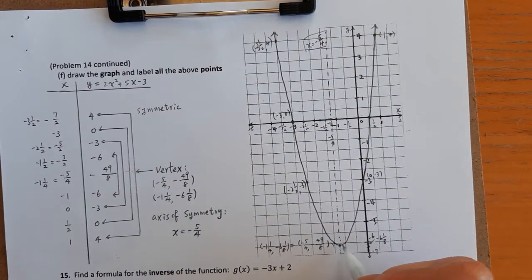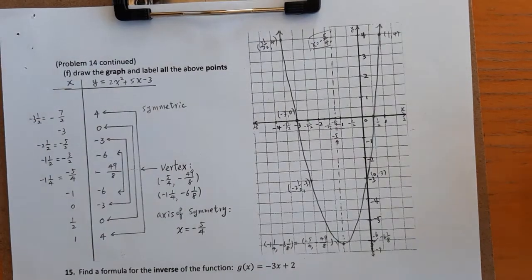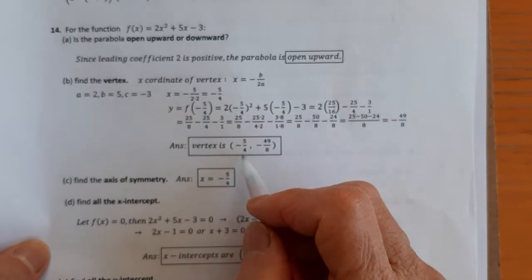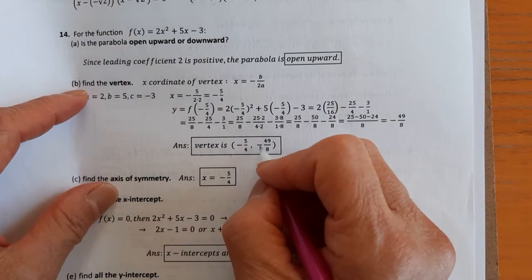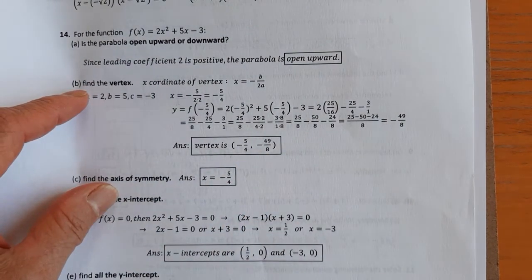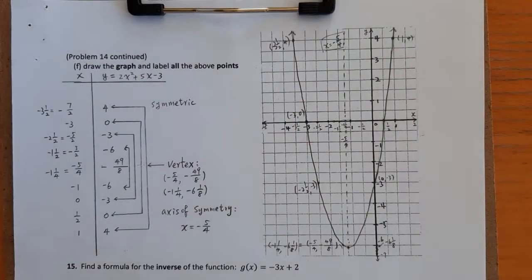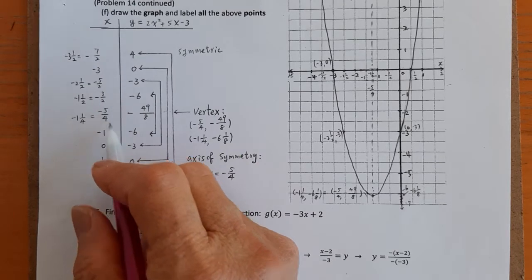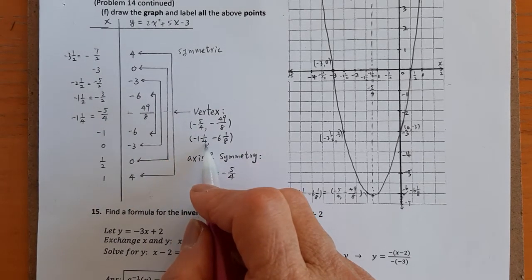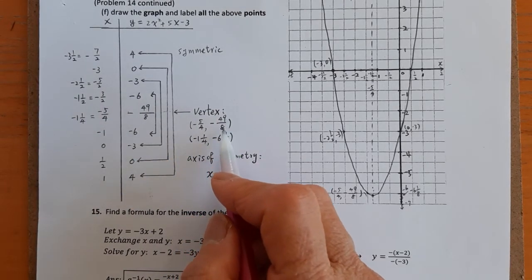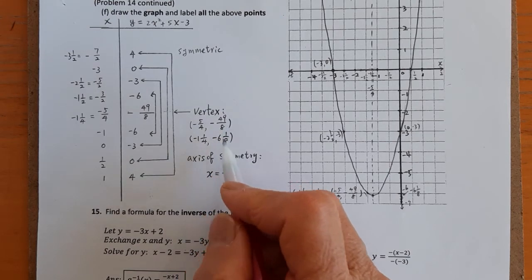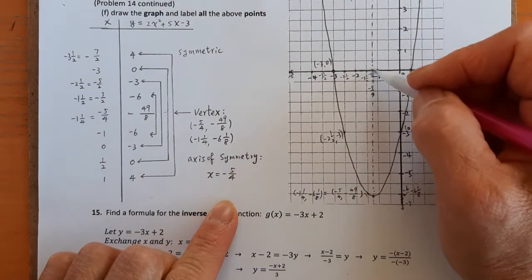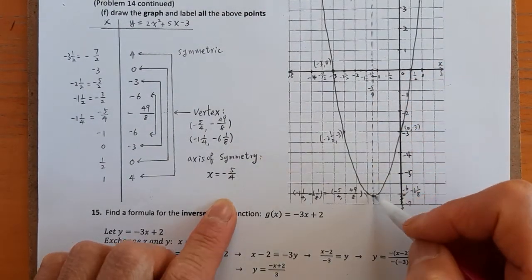Then draw the vertex. The vertex is negative 5 over 4, negative 49 over 8. Vertex is this point. Negative 5 over 4 is negative 1 and 1 quarter. And 49 divided by 8 is negative 6 and 1 eighth. So on the axis of symmetry, go down.